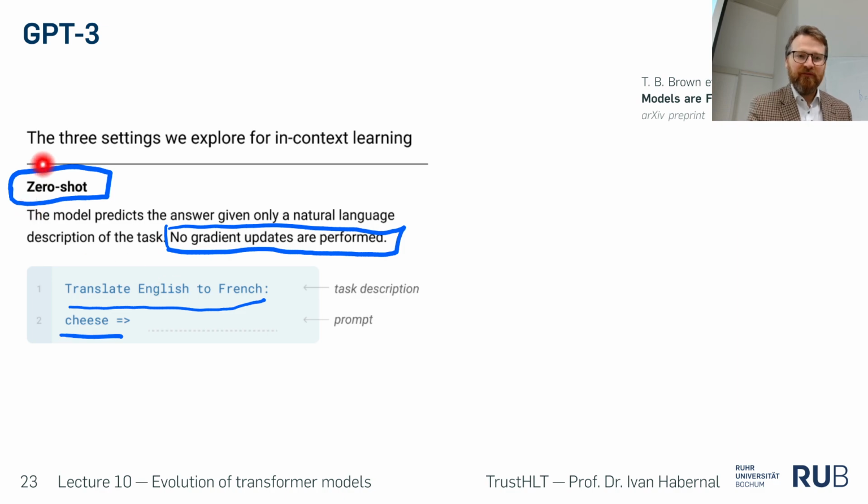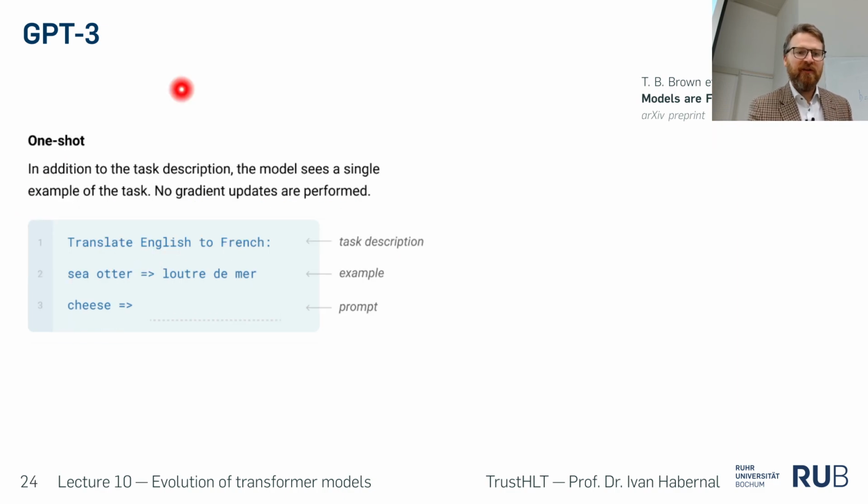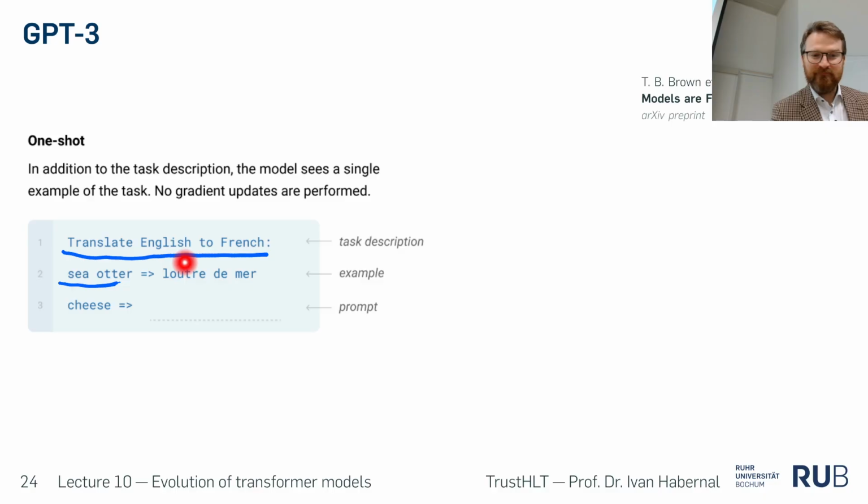So you might help the model actually a little bit, or you might help GPT-3 by not doing zero shot, but doing, let's say, one shot, which means you give the task description, so translate English to French, and you give this beautiful example, sea otter, loutre de mer, and then you want to translate. So basically, you also give an example.